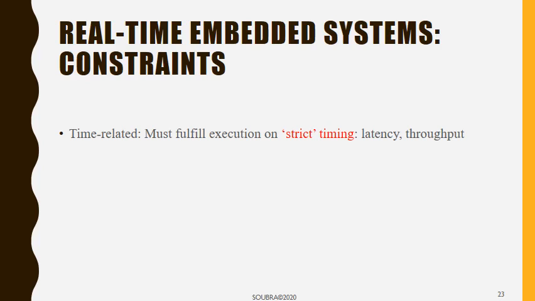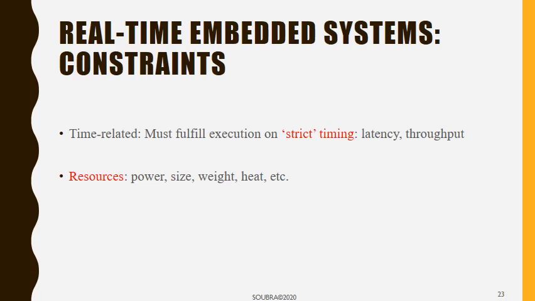Another thing that we identified together in today's lecture was the fact that we have limited and scarce resources when it comes to embedded systems. How's that? Because on a plane, for instance, you do not have unlimited power or energy.